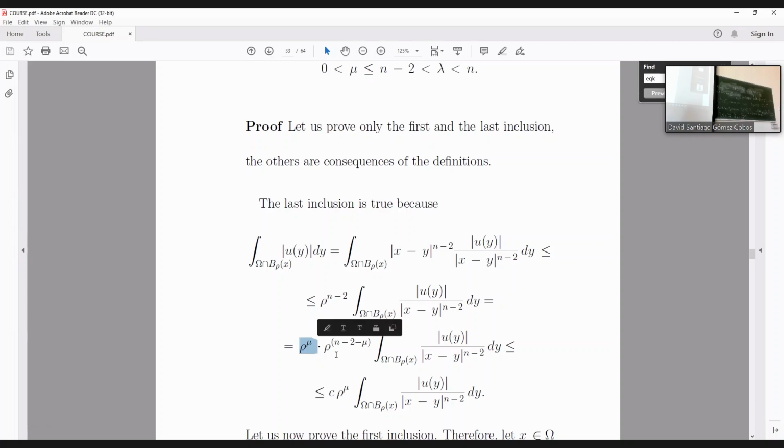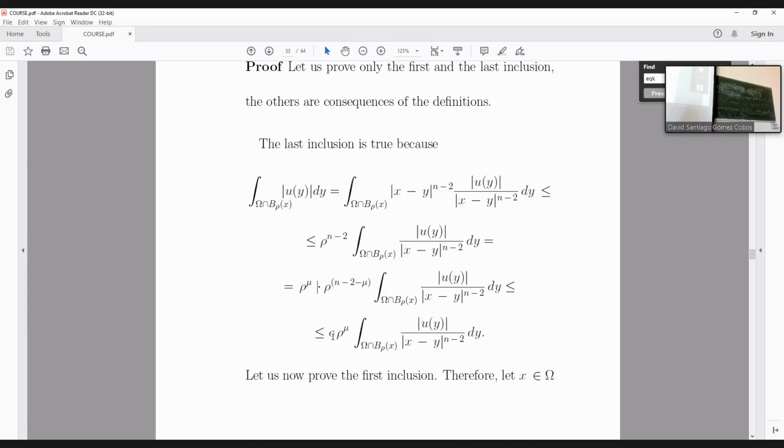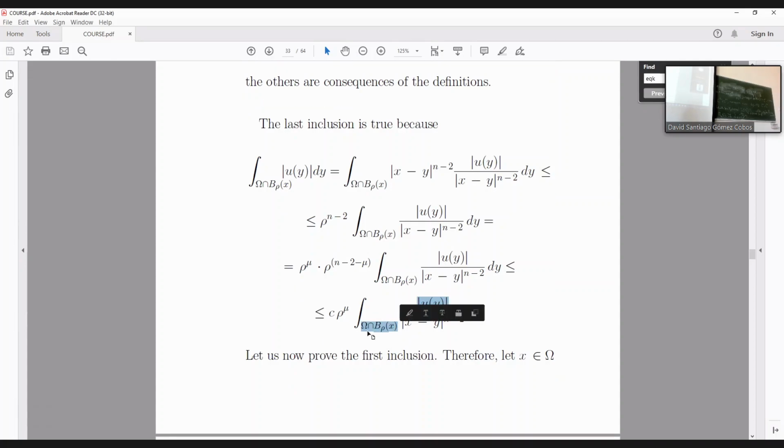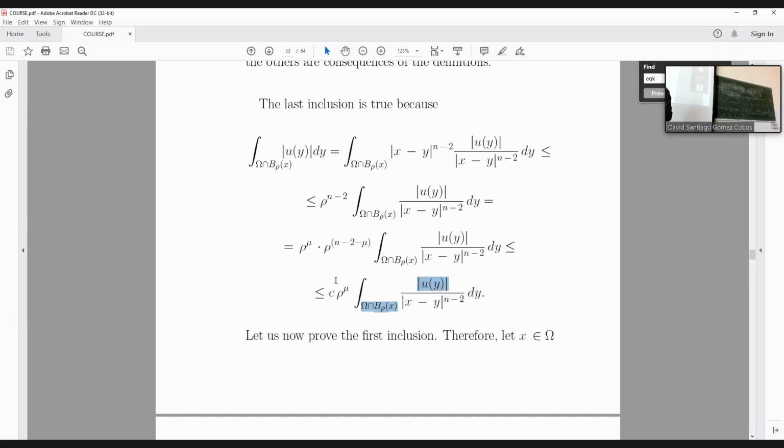Then this is less or equal a generic constant, that we can use every time, times rho with exponent mu, and the integral in omega intersect B(x, rho) of the quantity that we need for the Stummel-Kato space, u over |x minus y| with exponent n minus 2. So now, dividing both sides by rho with exponent mu, we obtain the first inclusion.